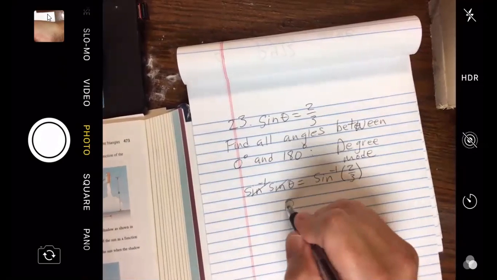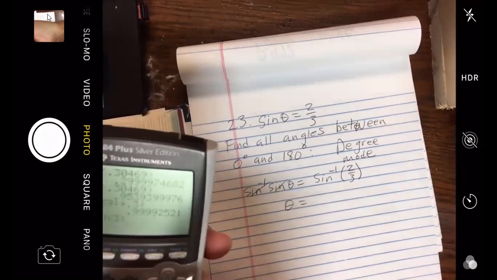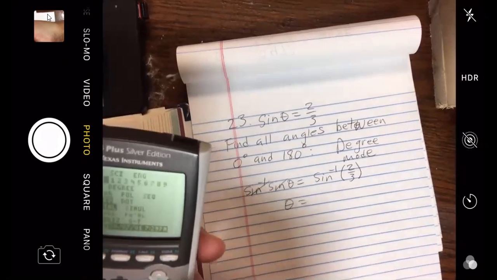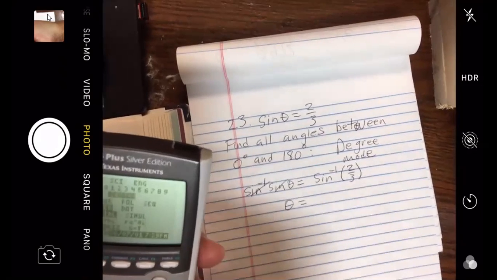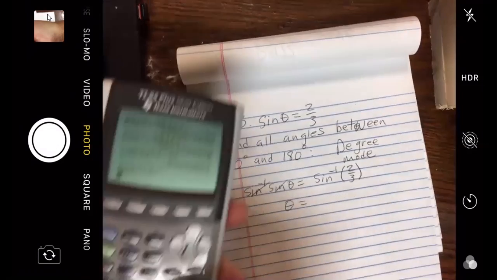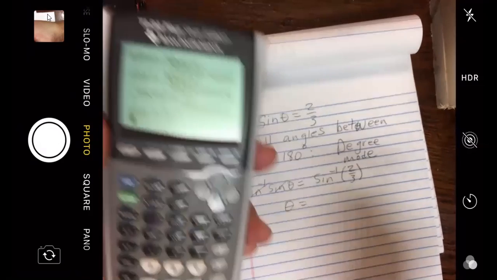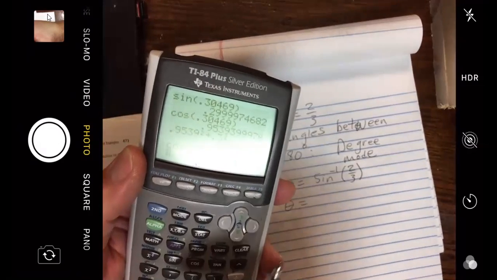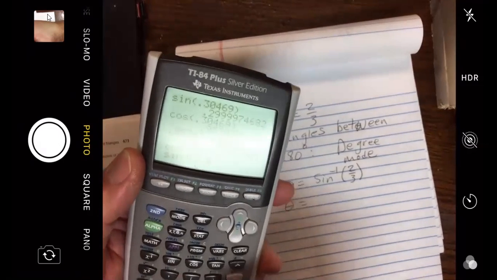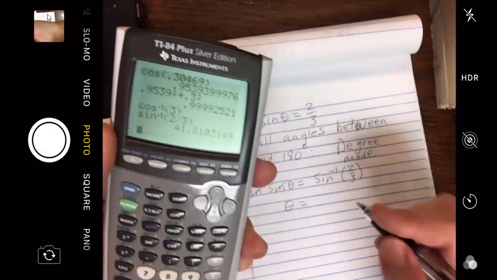Should be checking that. Switch to degree mode. Okay, degree mode, and you want to do an arc sine of 2/3, 41.81 degrees.